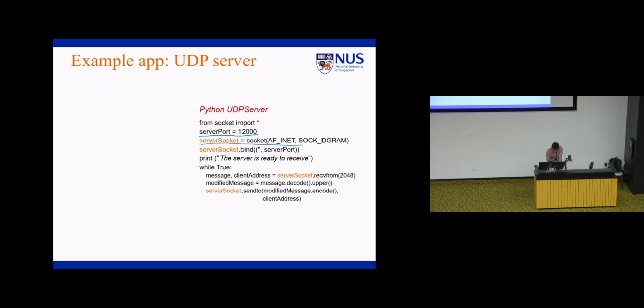It creates an IPv4 socket, and it indicates this is a UDP datagram socket. And by using this bind method, it binds that socket to a particular port number. In this case, it is assigning port number 12000.